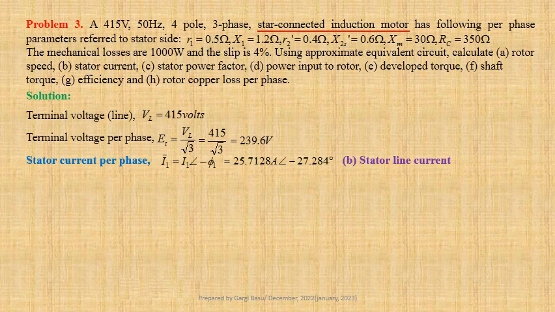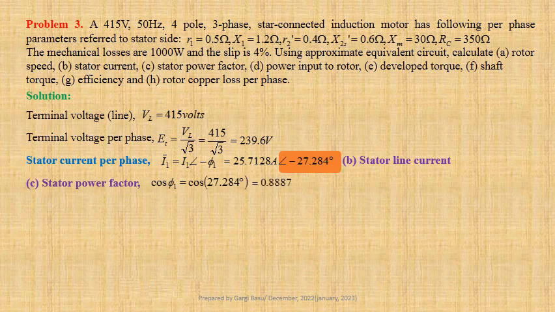Let us now determine stator power factor. Cos phi 1 equals cos of 27.284 degree, that is equal to 0.8887 lagging.